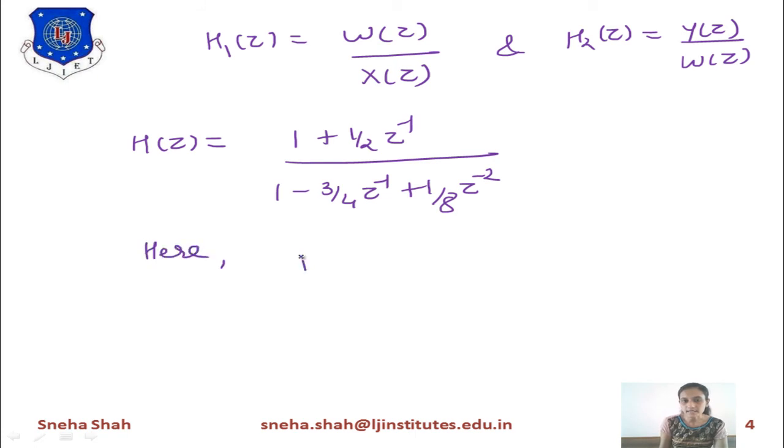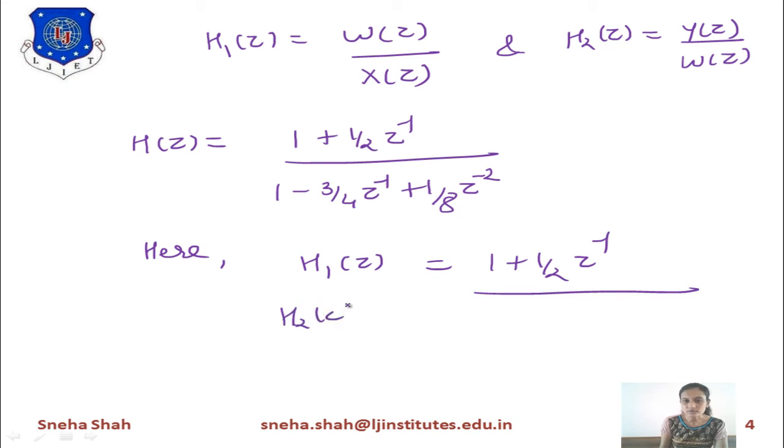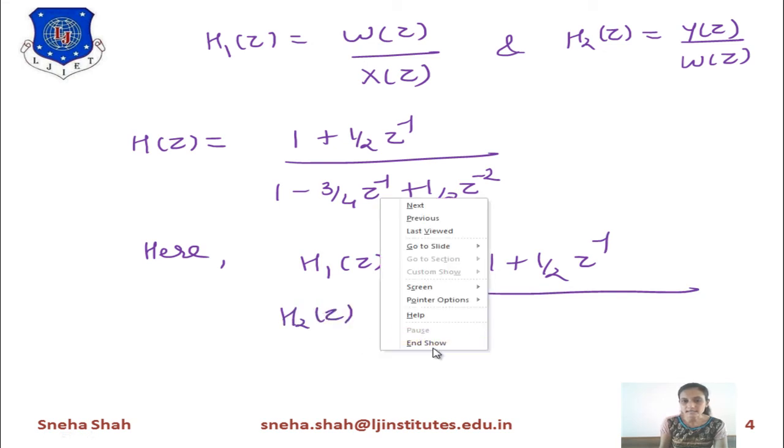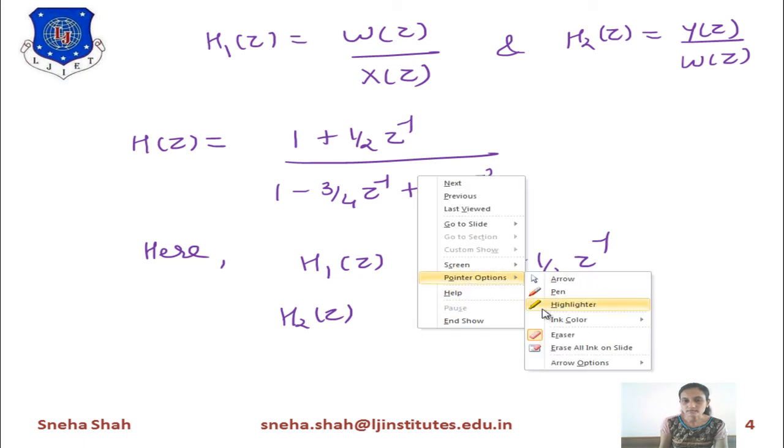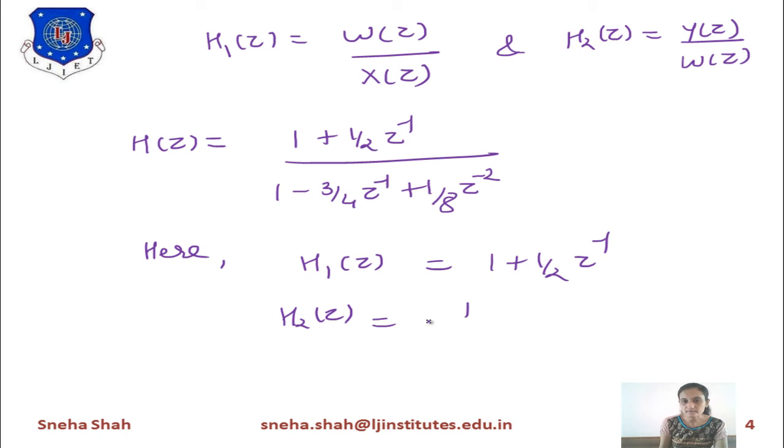Here we take H1(z) equals the numerator part, 1 plus 1 by 2 z inverse, and H2(z) will be considered as 1 upon 1 minus 3 by 4 z inverse plus 1 by 8 z raised to minus 2. So H1(z) means the numerator part and H2(z) means the denominator part. It will give you the output like this, right?